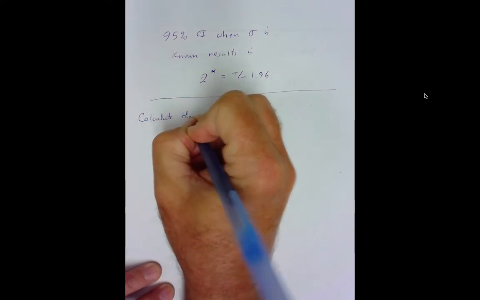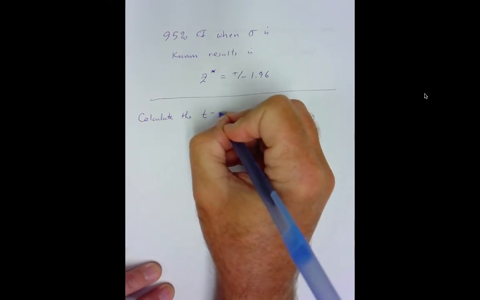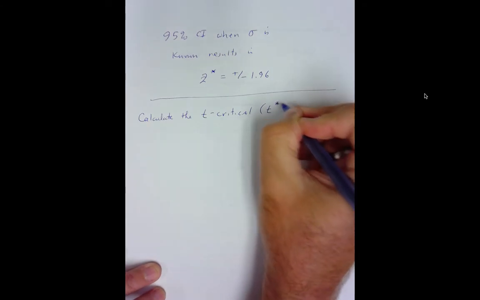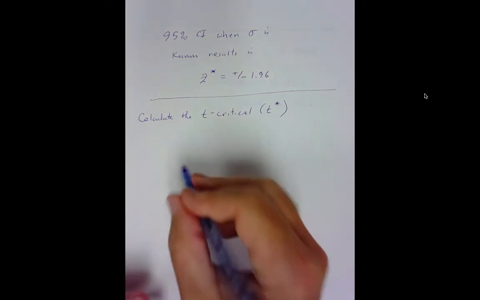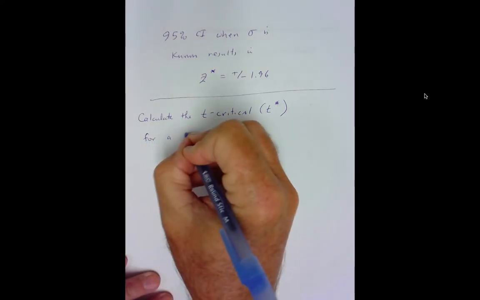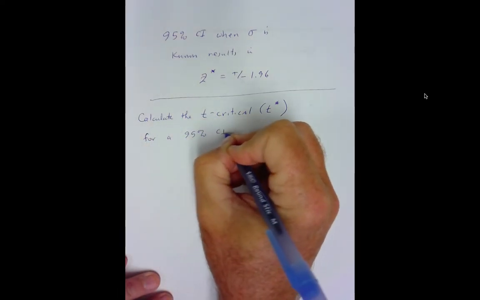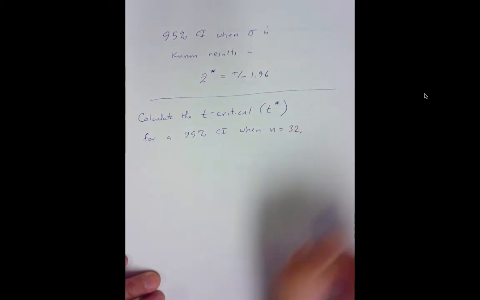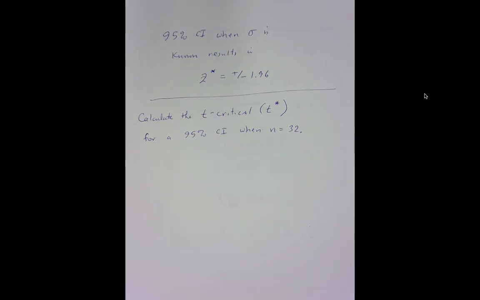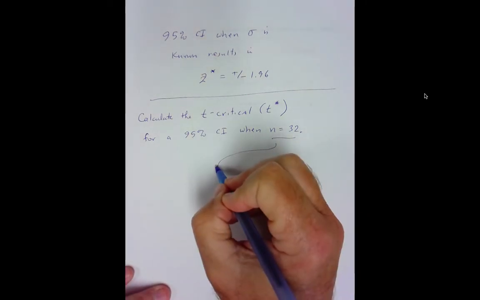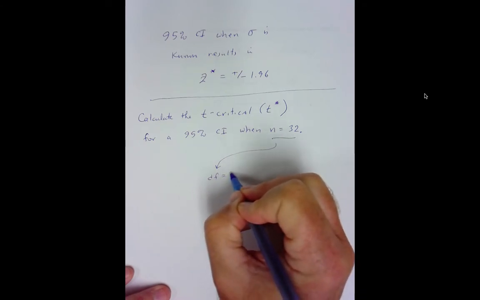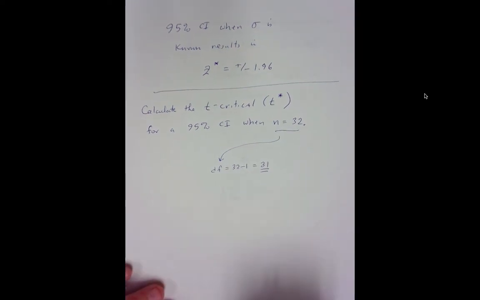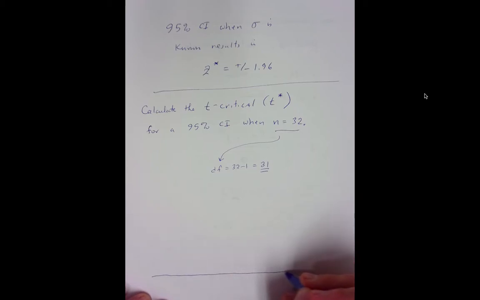Now let's calculate the t critical, as you would expect, t star, for a 95% confidence interval when n is equal to 32. Now, n equals 32 tells me that my degrees of freedom is 31. So I'm dealing with a t distribution.